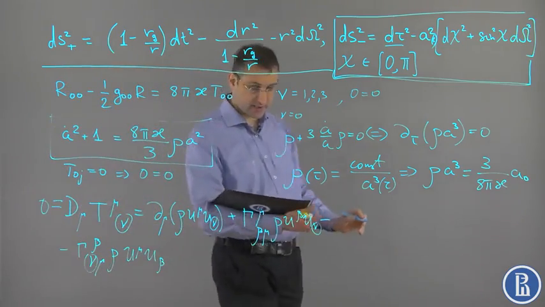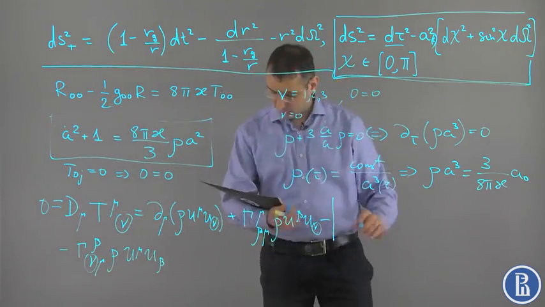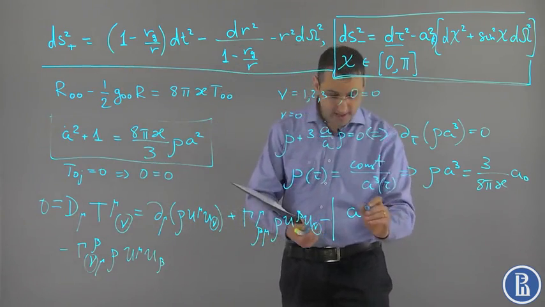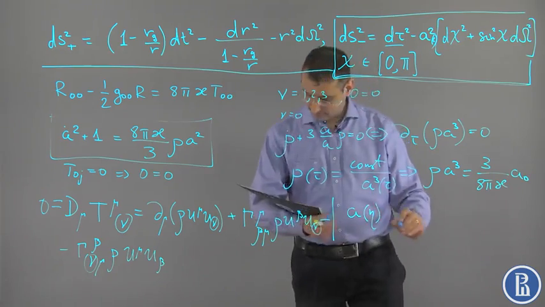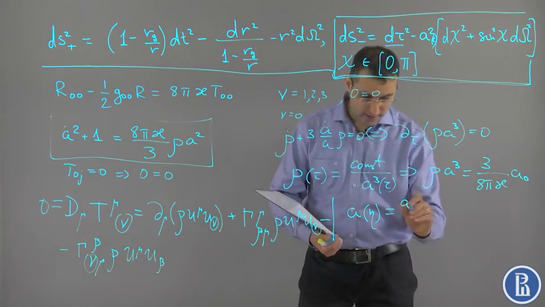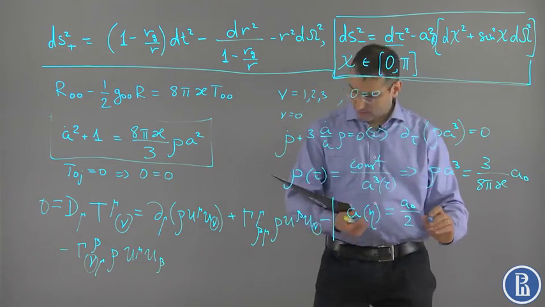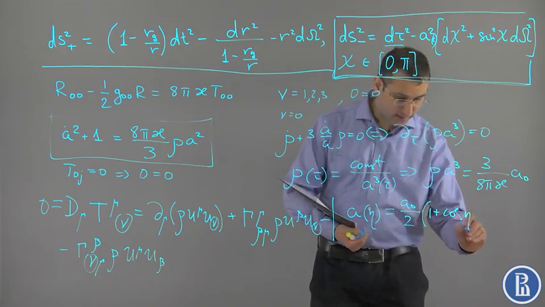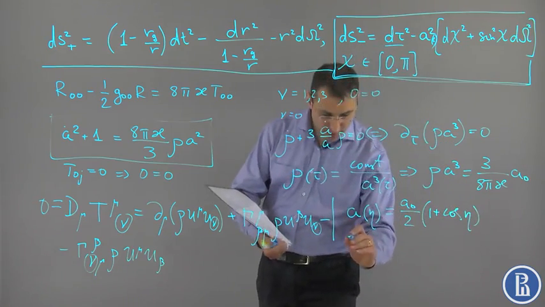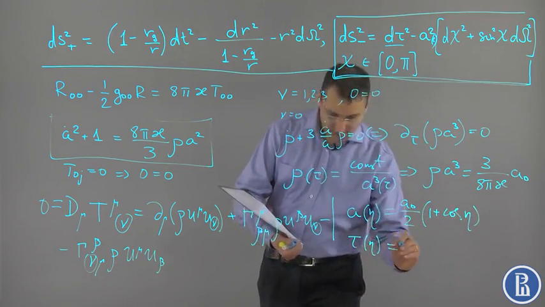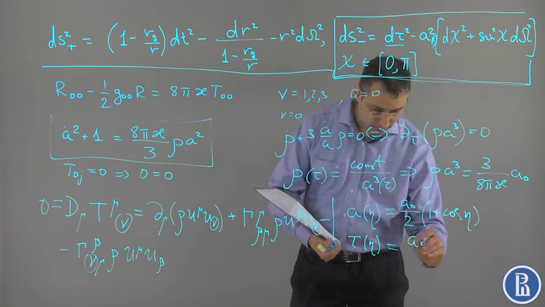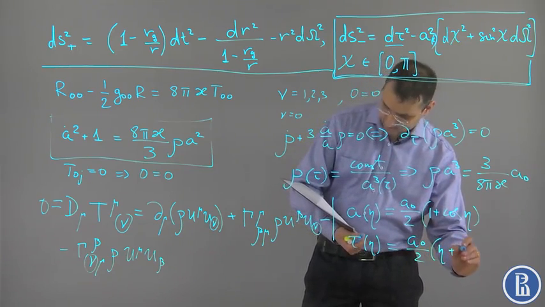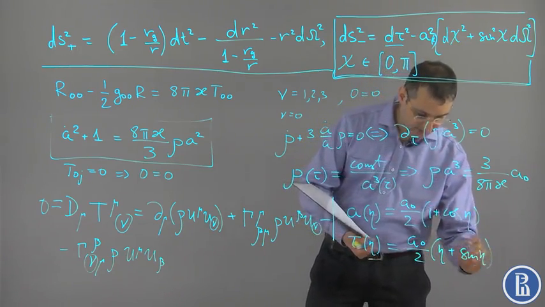And as a result, the solution of this equation can be represented parametrically as follows: A of eta is equal to A0 over 2, (1 plus cosine eta), while tau of eta is equal to A0 over 2, (eta plus sine eta).